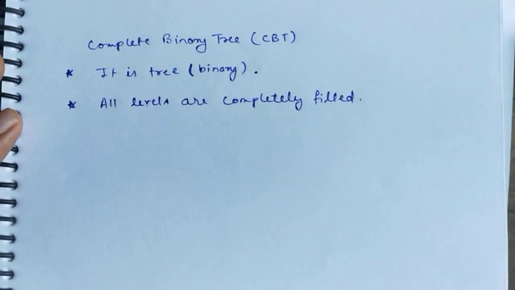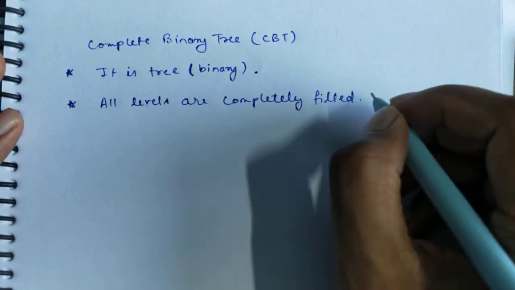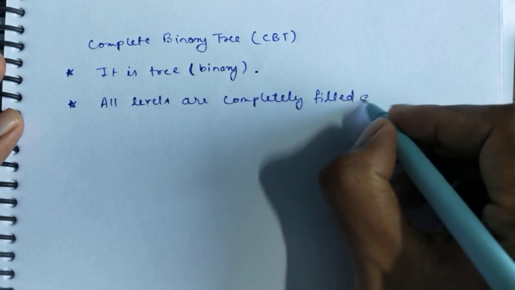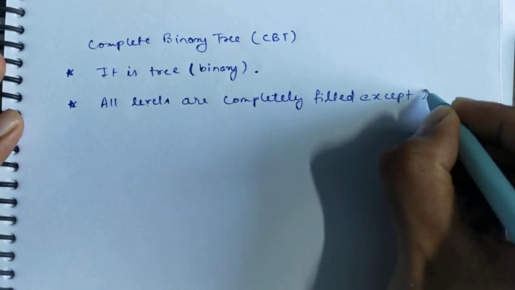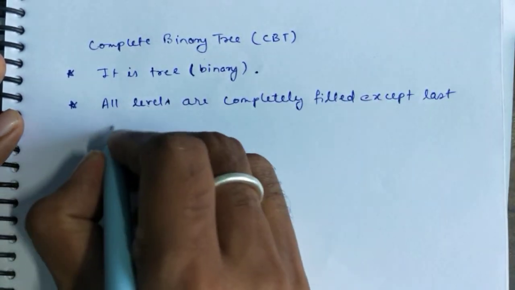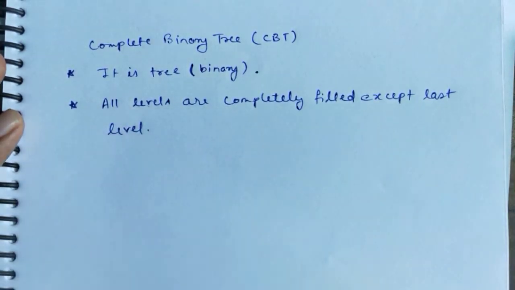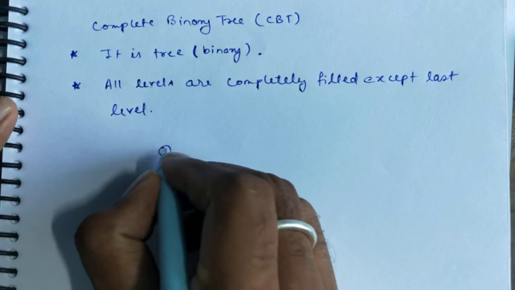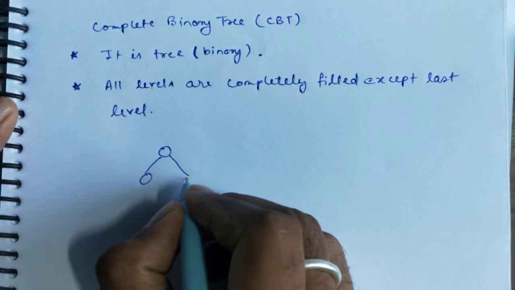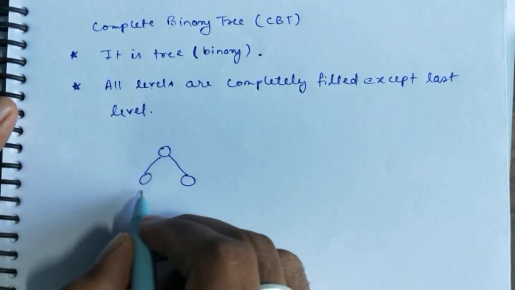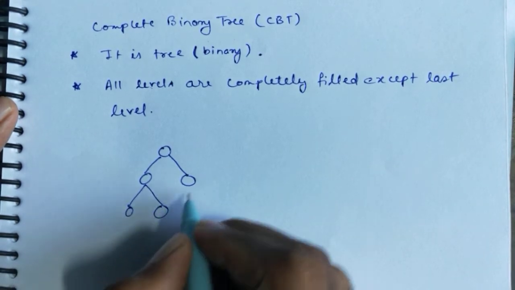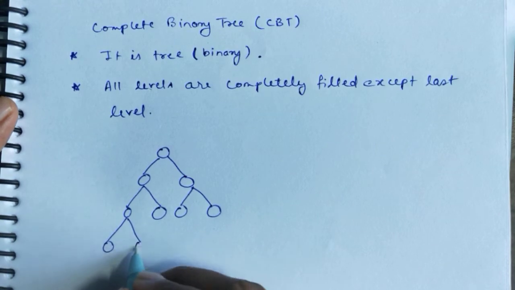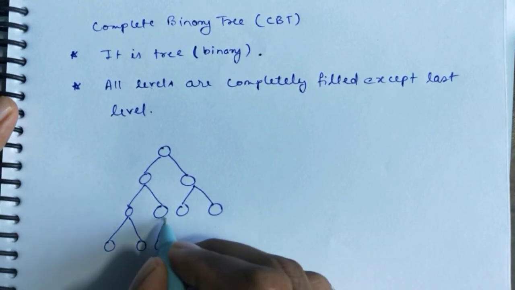So now let us see. And I want to add something here, except last level, that is last level can be incomplete. So if I make a binary tree like this, here this node is having two children, this node also having two children, this node also having two children, and this is having two children, this is having only one child.